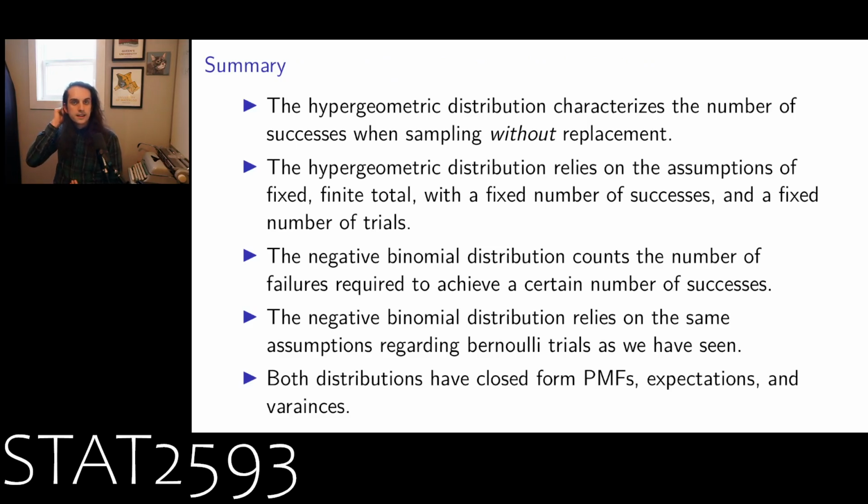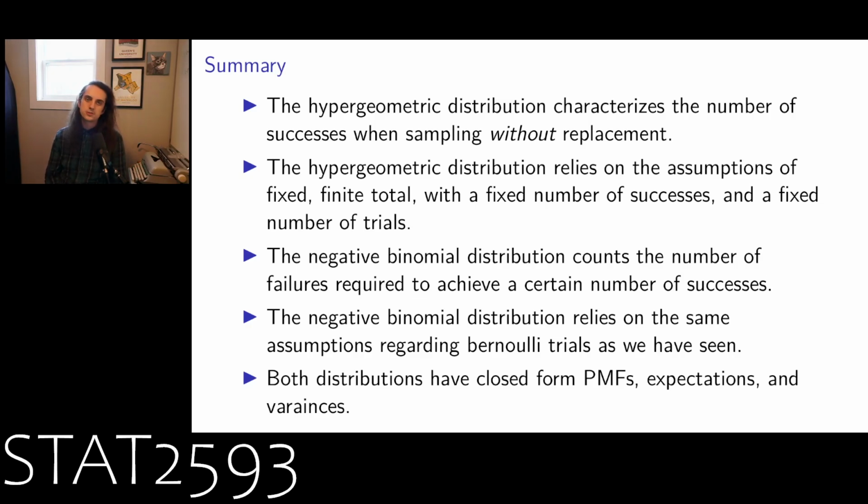So that was a very quick run through of another 2 discrete probability distributions. The hypergeometric distribution is going to characterize the number of successes when we're sampling without replacement, rather than the binomial, which would be sampling with replacement. The hypergeometric distribution relies on the assumptions of a fixed finite total with a fixed number of successes and a fixed number of trials.